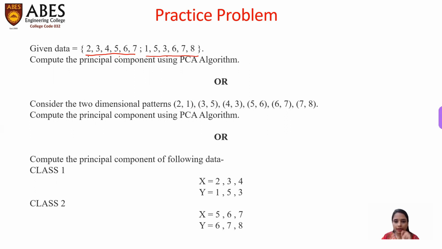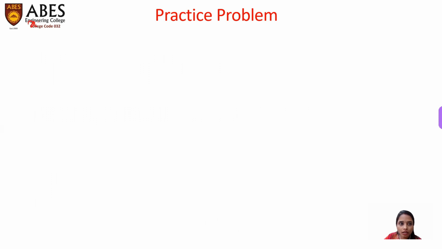So we can write our data points as x1 equals 2, 1, x2, or we can write it as a1, a2, because x1, x2 we will use in further calculation.